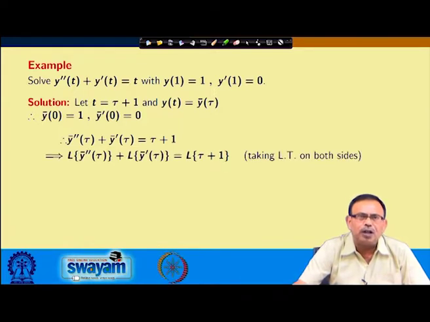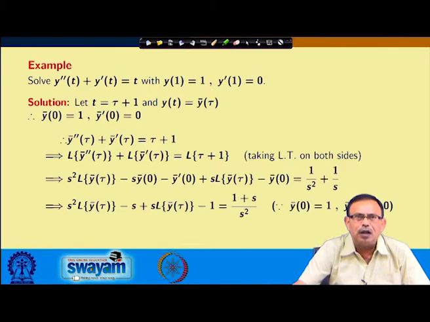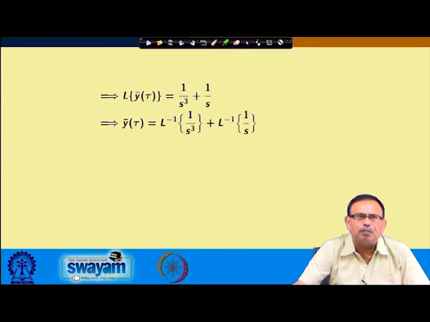You take the Laplace transform now, follow the normal process as we have done earlier, and you get 1 by s plus s square. From here the Laplace transform of y bar tau we can obtain, and directly by simplification the Laplace transform of y bar tau is 1 by s cube plus 1 by s.